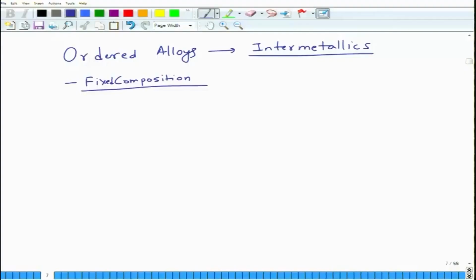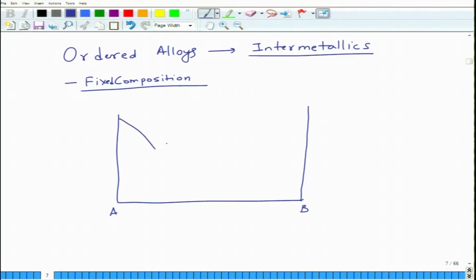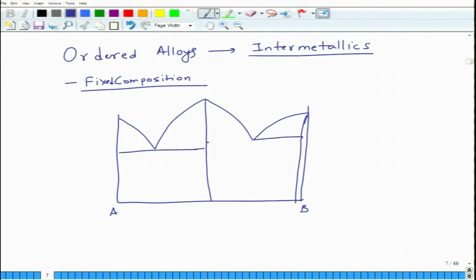or something else. So let me draw a phase diagram, for example. AB, let's say. This is temperature.